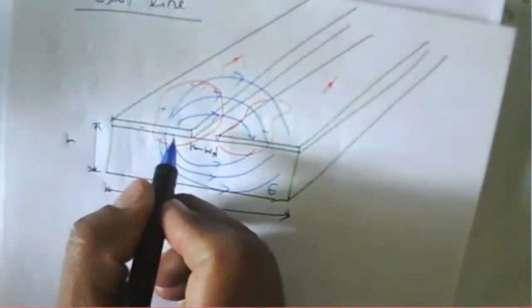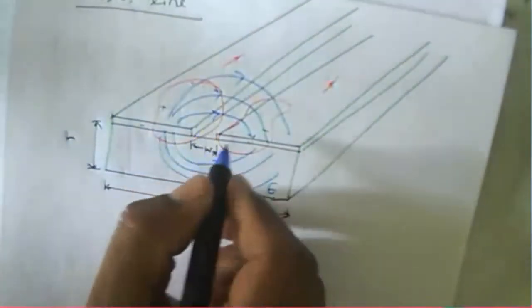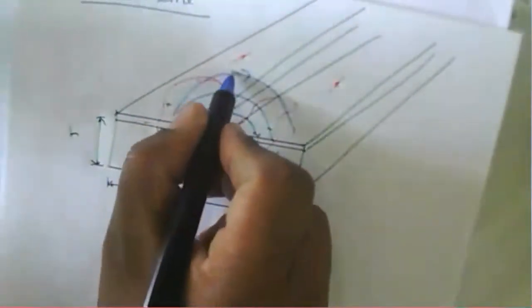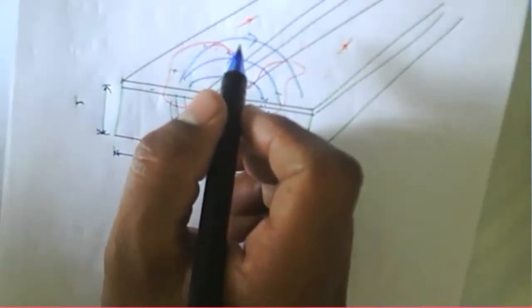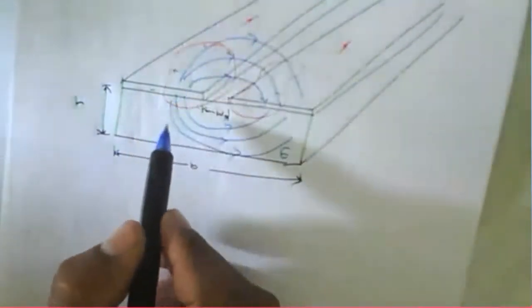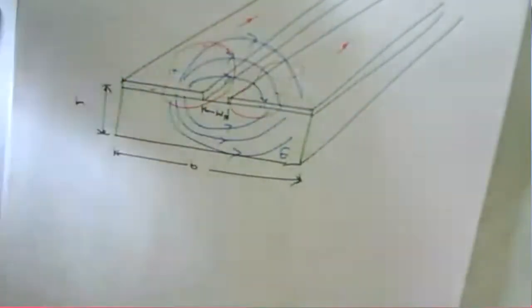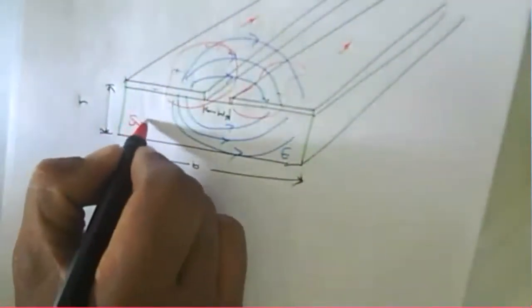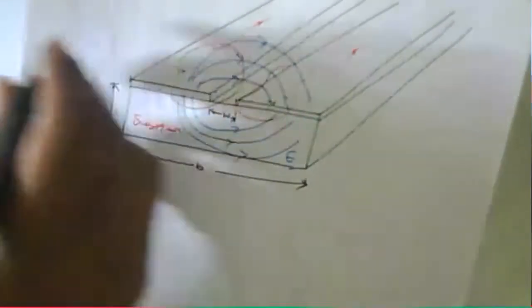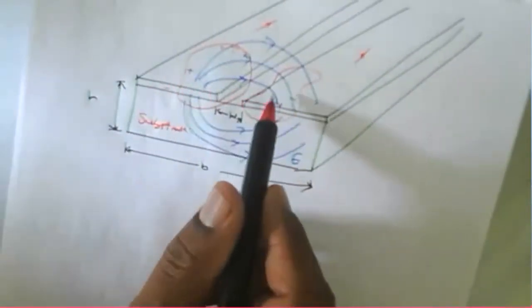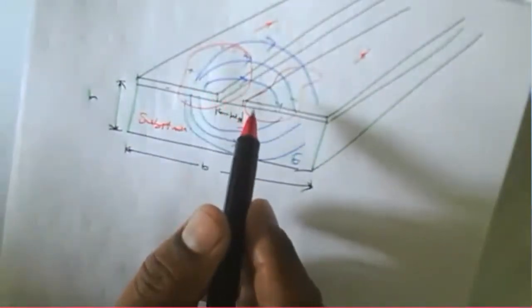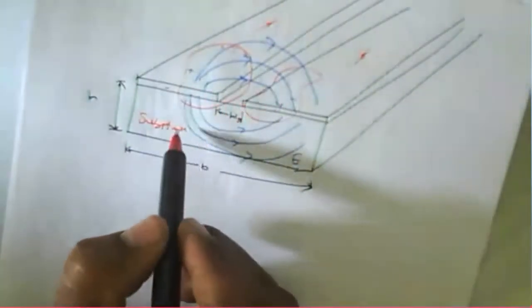If this distance is small, the current distributions will be different, and if that distance is large, then the current distributions will be different too. That is about your H field distribution, while this one is the electric field distribution for this slot line.